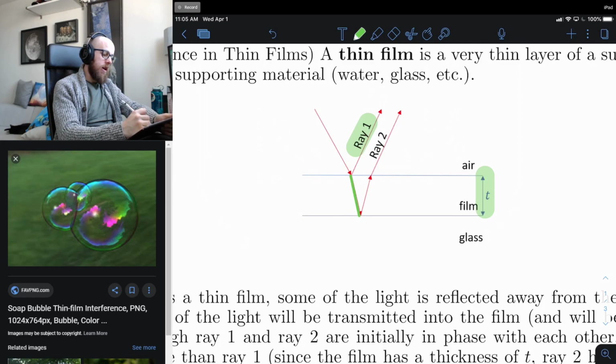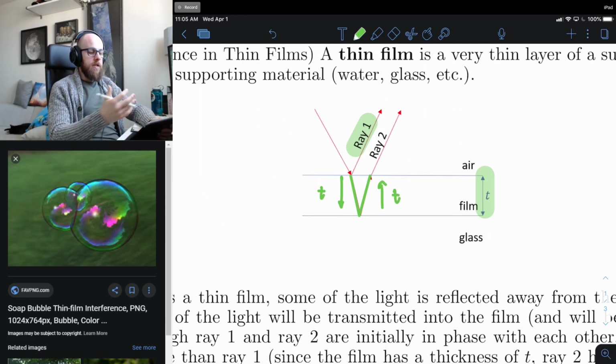It goes t down, and when it gets reflected, it travels another t back up. Which means there's a difference between the distances that each of these rays travel. Ray 2 travels 2t further than ray 1.